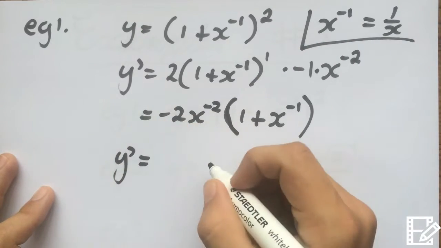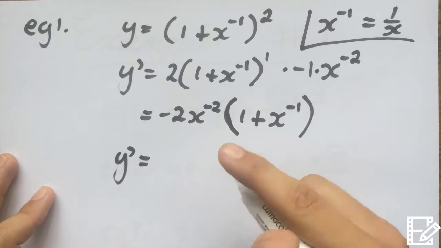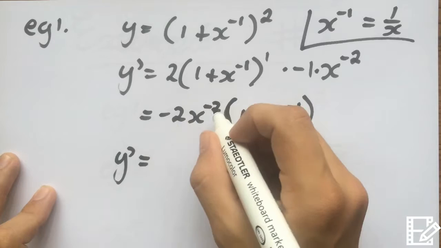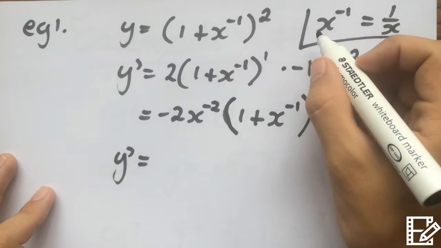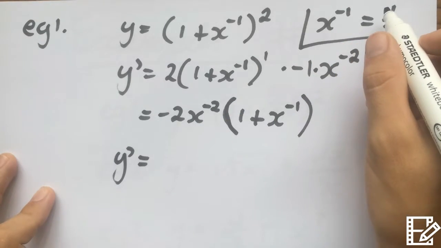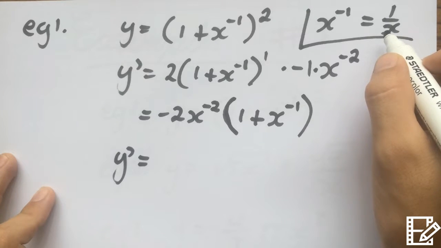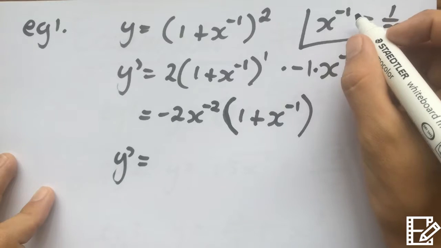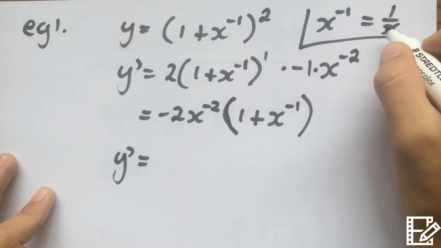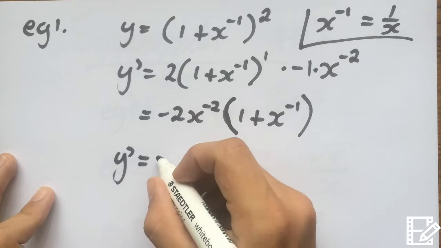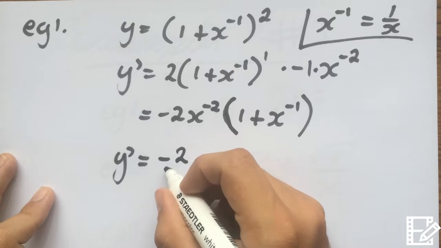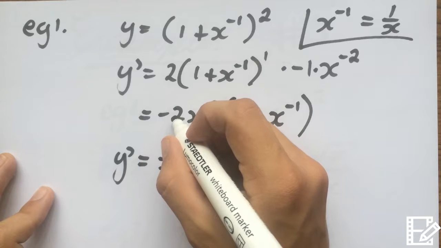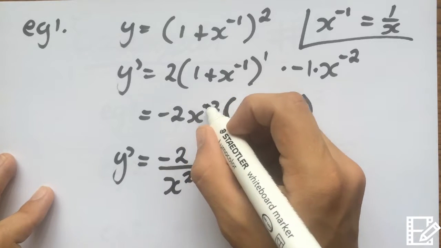Okay, now I'm going to finish this in one step, which is only really one step anyway. I'm going to use this technique. If it's to the power of negative 1 and it becomes 1 over x, then if it was x to the power of negative 2, then it'll be 1 over x squared, which is what I'm going to do here. Negative 2 over x squared. The negative 2 stays on top, but it's multiplied to x to the power of negative 2.